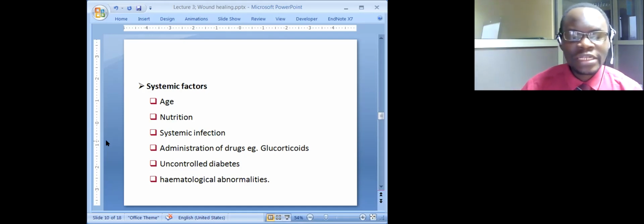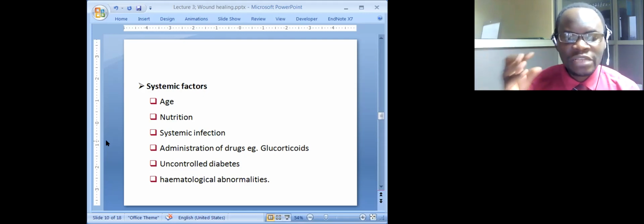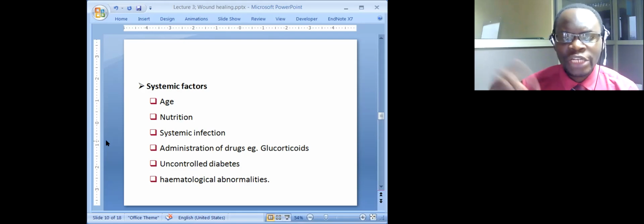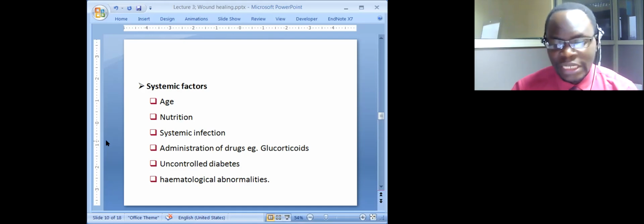But generally, the phases of wound healing are general. They basically apply to all tissue, apart from a few specifics. And those are inflammation, proliferation, and then remodeling and wound contraction. Those are the general phases of wound healing that you should not miss out.